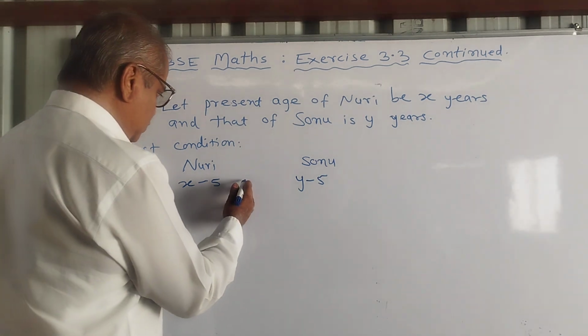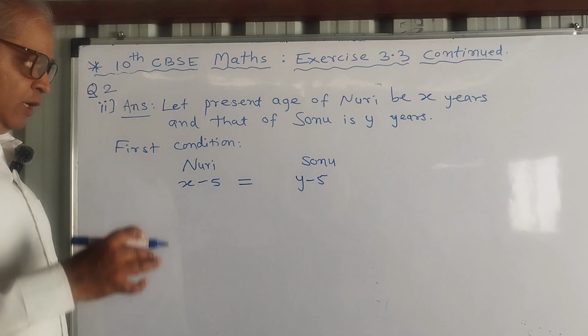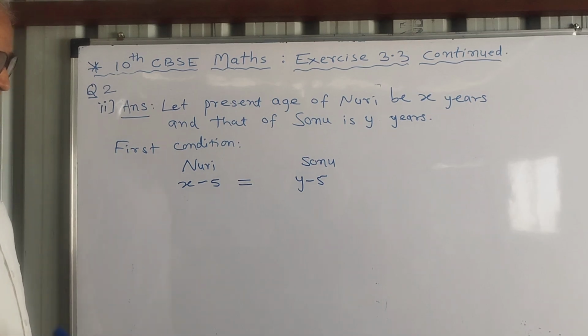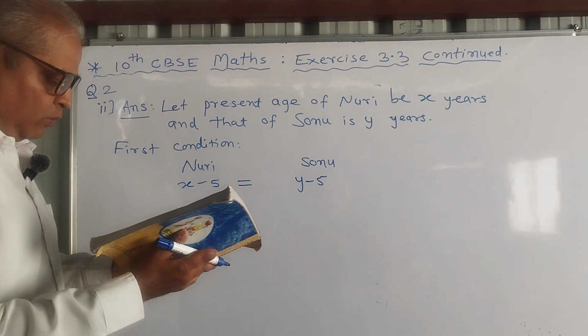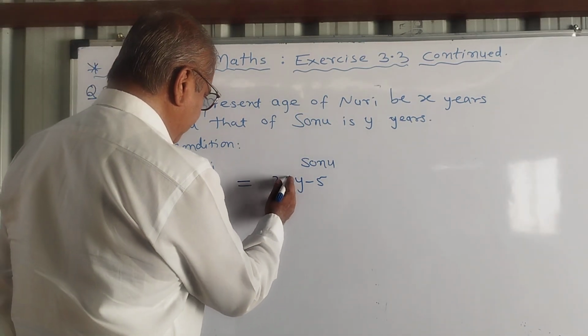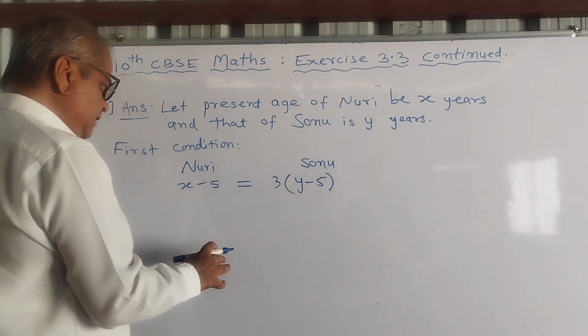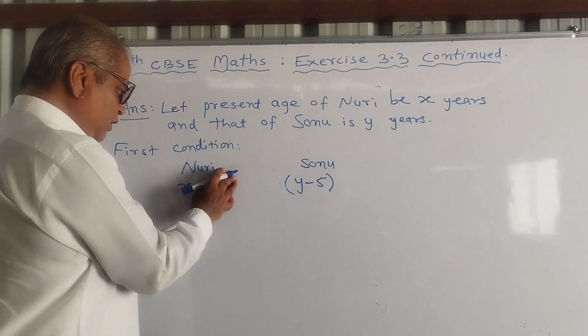So equate these two. To equate their ages I need to multiply the age of Sonu by 3, that is thrice. So 3 into y minus 5. Then it is equal. If it is not multiplied by 3, it will not be equal.